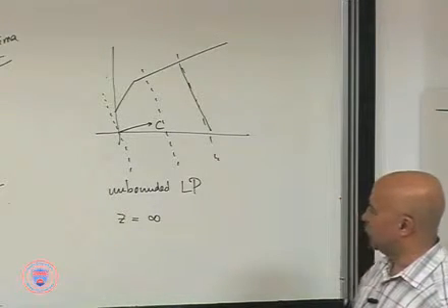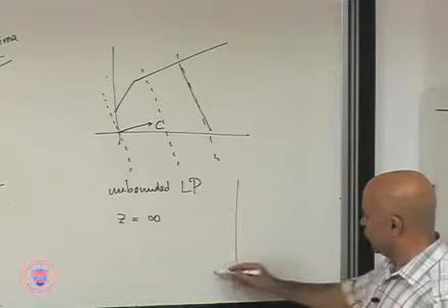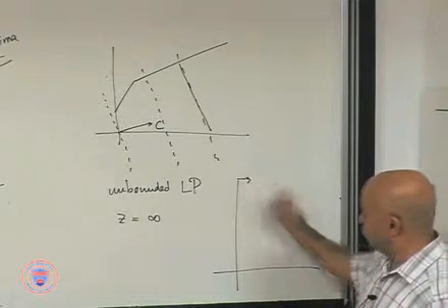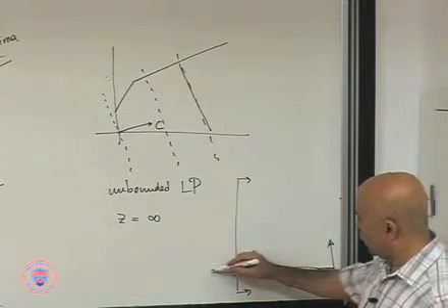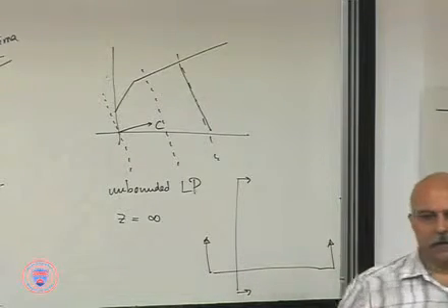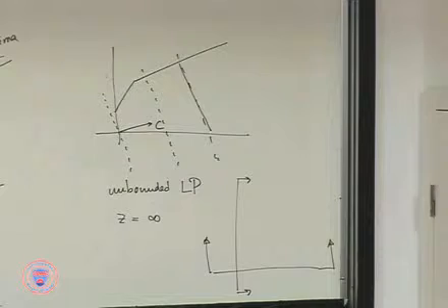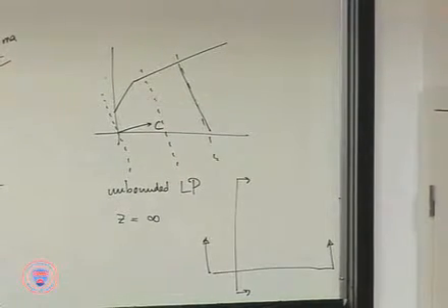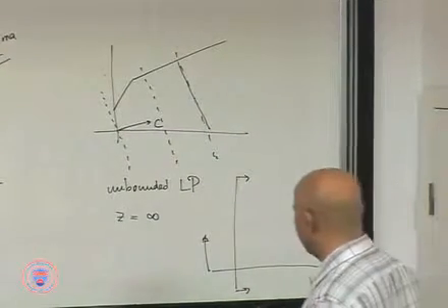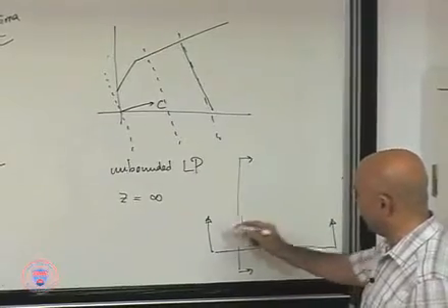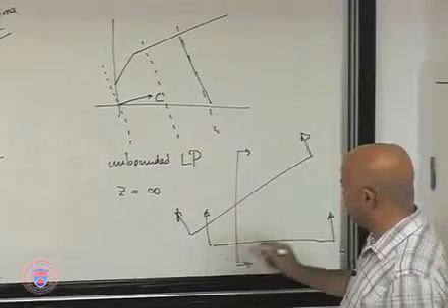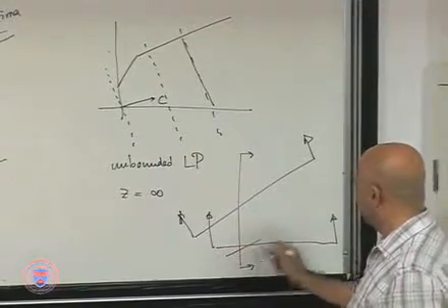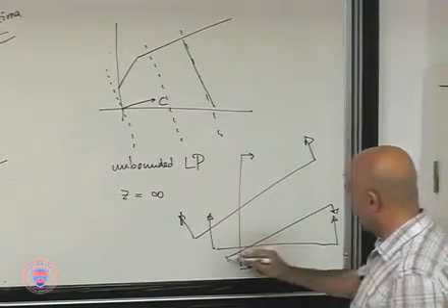What is the last possibility? The last possibility is you may have constraints that are in conflict. Okay? Some of the constraints contradict other constraints, so you have no feasible region. For example, you might have a constraint like that, another constraint that tells you to go this way.